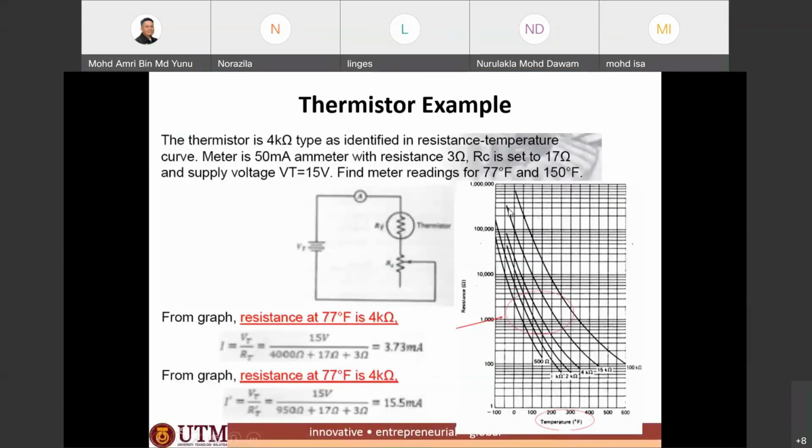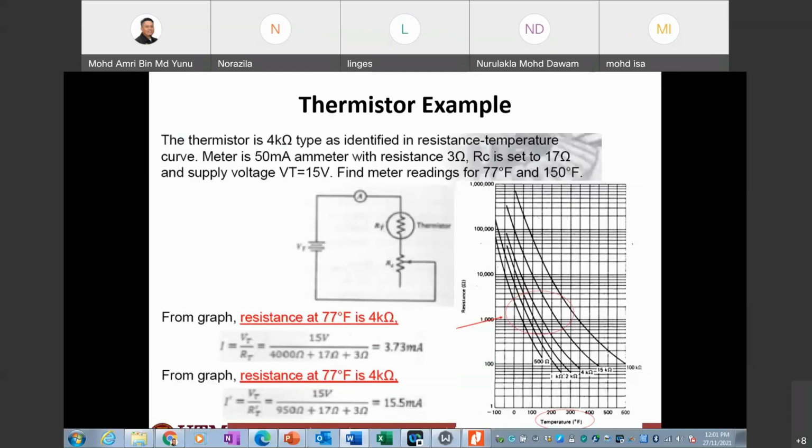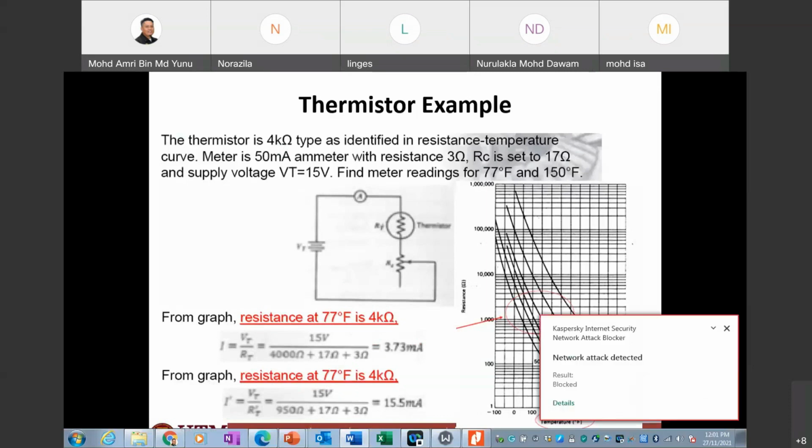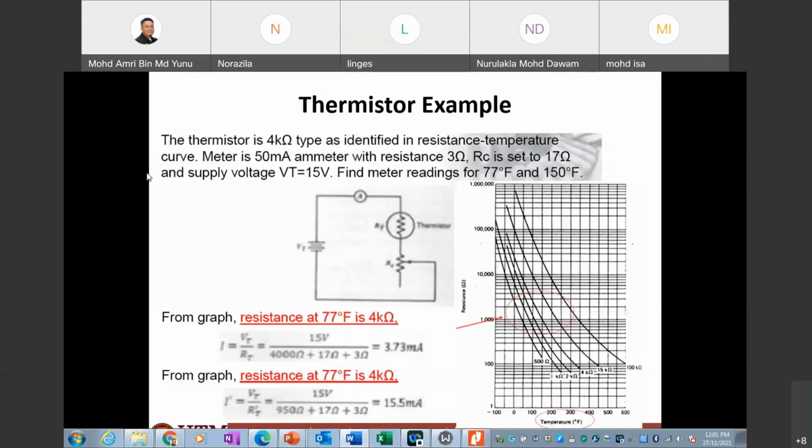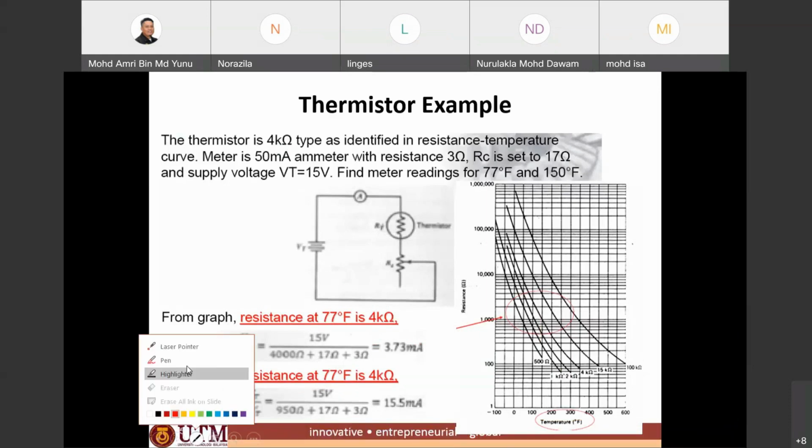Thermistors are basically characterized according to their type, the base resistance. In this example, the thermistor has a base resistance of 4 kilo ohm.